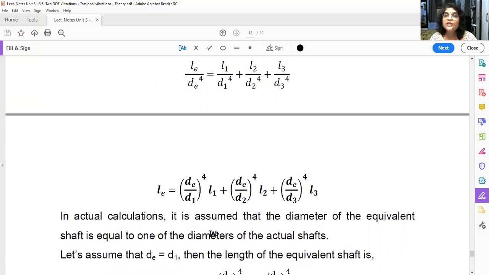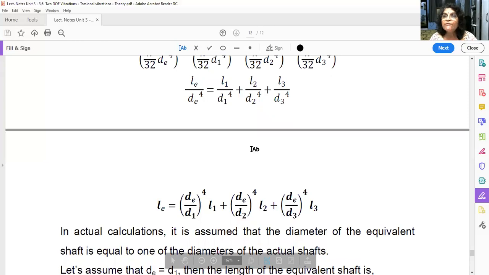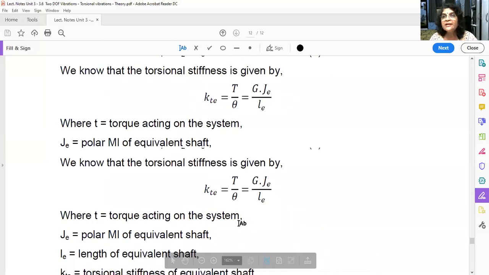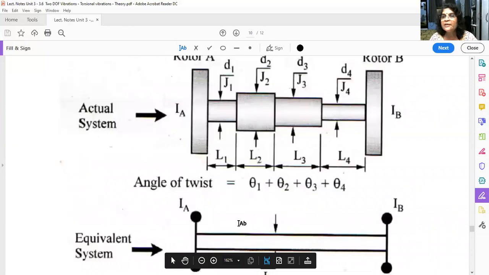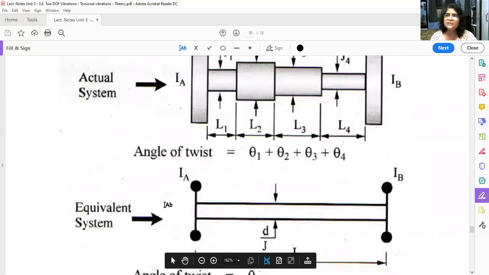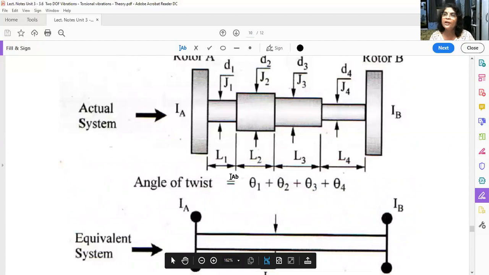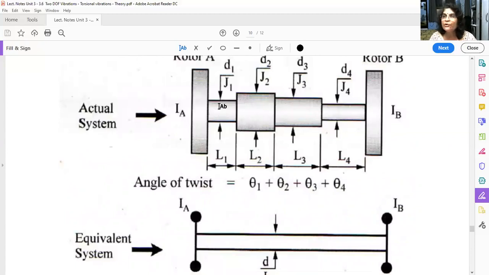Generally, we take either D1 or D2 or D3 as equivalent to DE. You take anything, don't worry. As D changes, L changes. It is the equivalent length. So you can take any DE, either D1 or D2 or D3 or any value. Usually we take DE equal to D1.